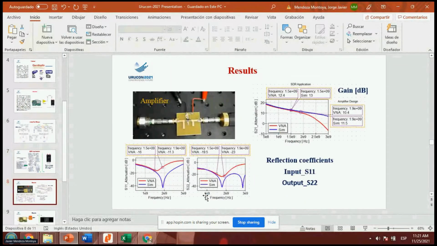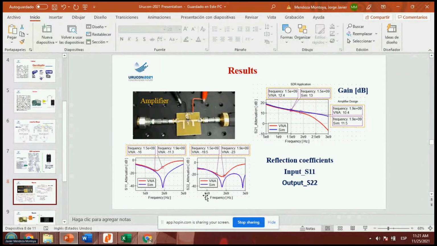Well, in this picture, we can see the characterization of this amplifier. We did this characterization using the vector network analyzer, and here we can see the results regarding the gain and also the reflection coefficient at the input and output.